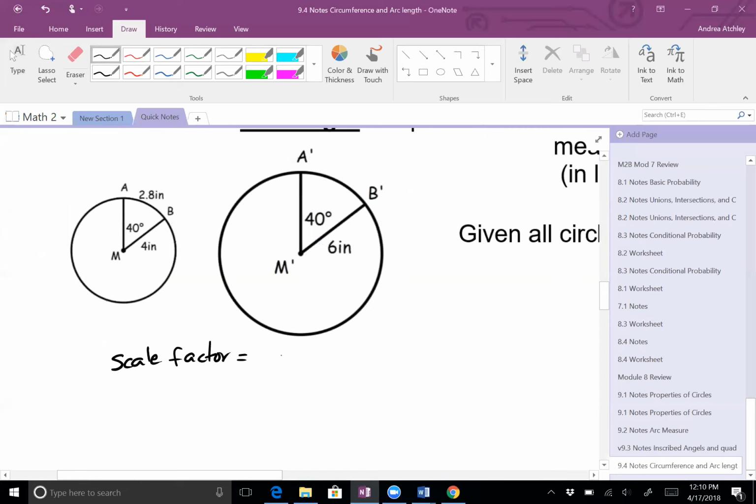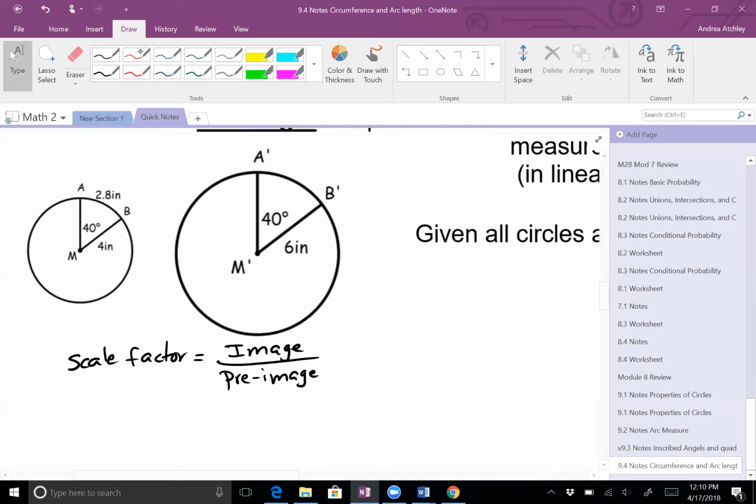And remember, your scale factor is your image over the pre-image. Remember when we have the little prime markings, this is the image.